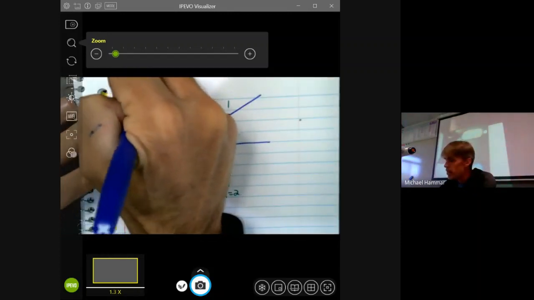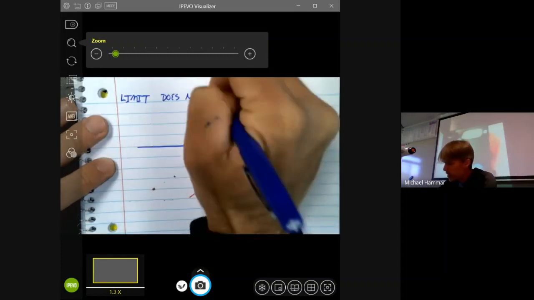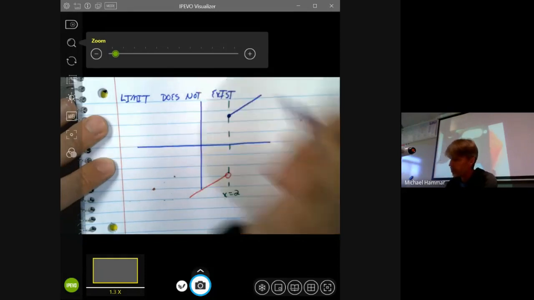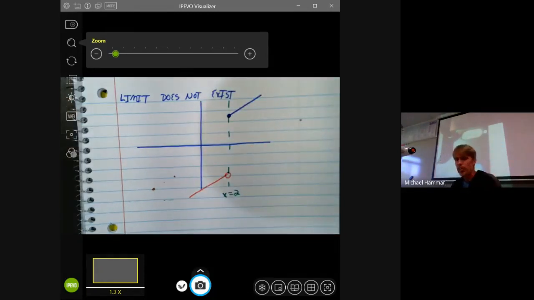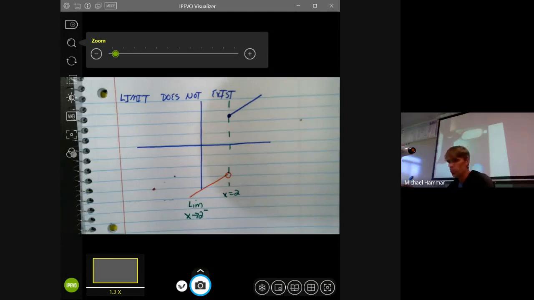So this is the graph of a limit that does not exist. But let's talk about what that means. So let's find the limit as x approaches 2 from the left. Okay?